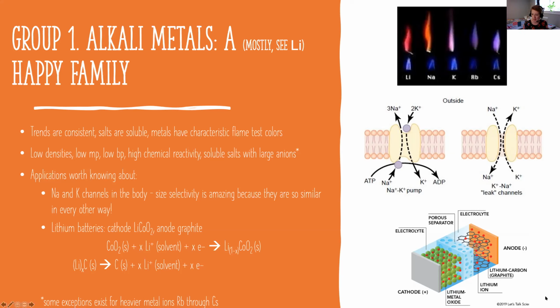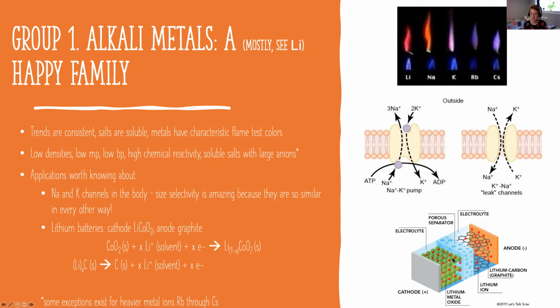So the other huge application that many people know about is lithium batteries. In this case, you've got your cathode, which is your lithium metal oxide, and then you've got your anode, which is your lithium carbon graphite area. The lithium is all of these red ions here, and the lithium is exchanged between the cathode and the anode, and it goes back and forth through a porous separator.